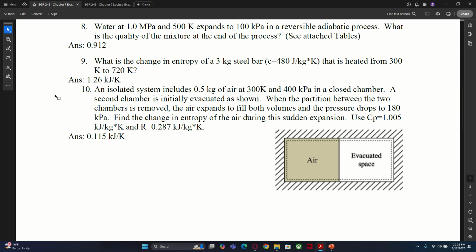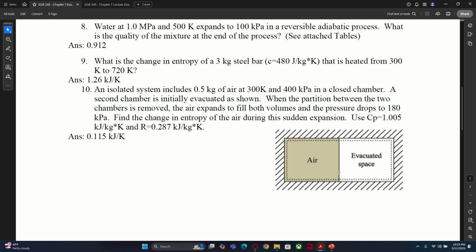And lastly, question 10. An isolated system includes 0.5 kilograms of air at 300 Kelvin and 400 kilopascals in a closed chamber. A secondary chamber is initially evacuated, or emptied, as shown. We have our primary chamber, our initial chamber with our air, and a secondary chamber attached to it that has no material, no air in it.